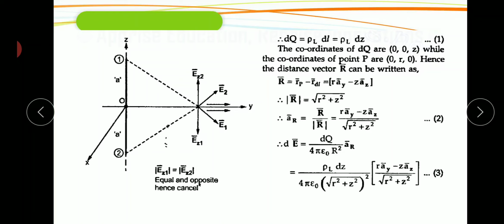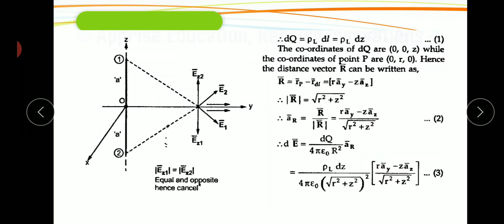So simply we get the value of mod of r bar is equal to square root of r square plus z square. Now the unit vector along this distance vector is indicated by the letter ar bar. We have already known unit vector formula is r bar by mod of r bar. Now here we have the value of r bar, that is r ay bar minus z az bar, and also mod of r bar value, that is the square root of r square plus z square.